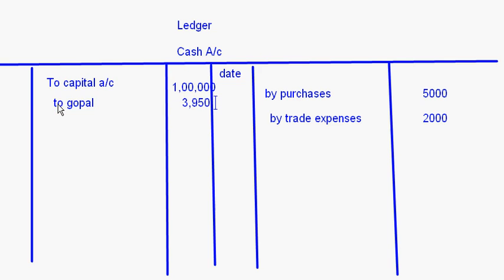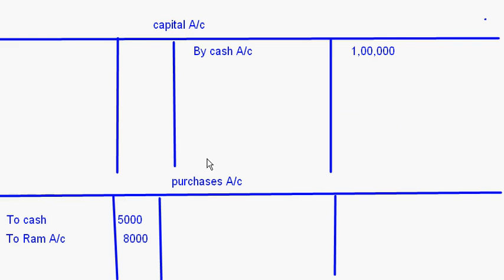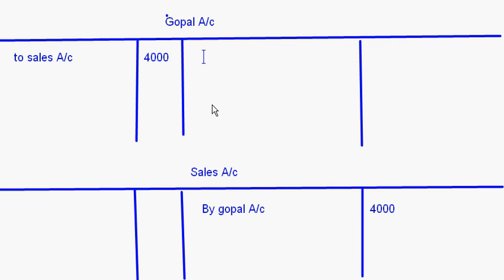Because only this much is the cash, and in Gopal account we'll have by cash 3,950, and here we'll have by discount allowed, that 50 rupees, right?